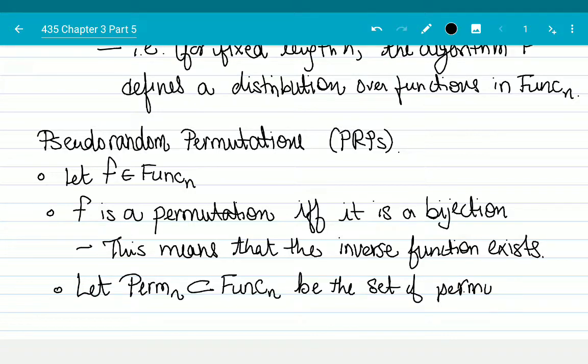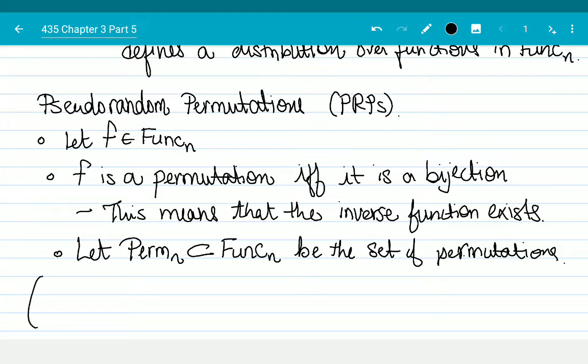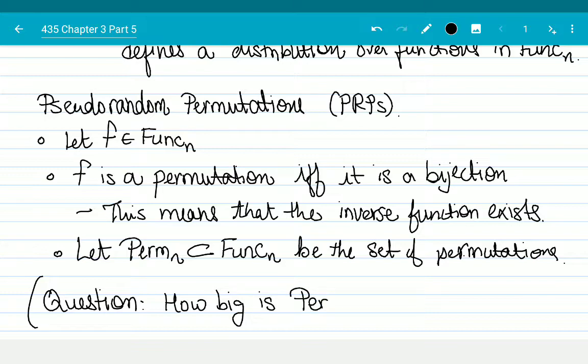Quick question for you guys: how big is Perm_n?